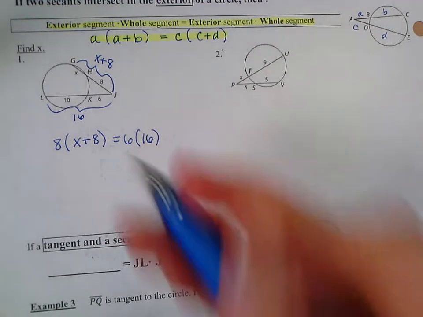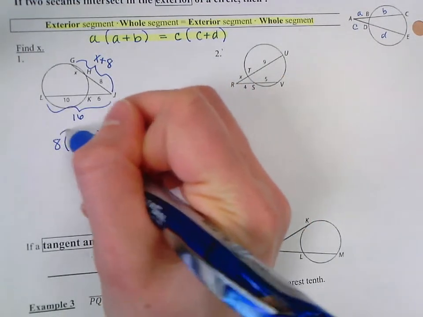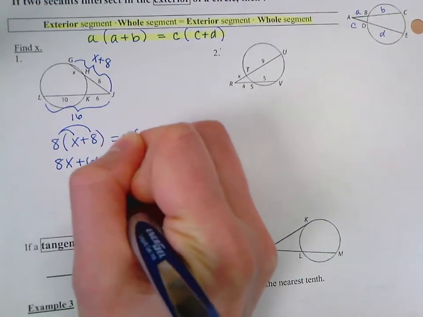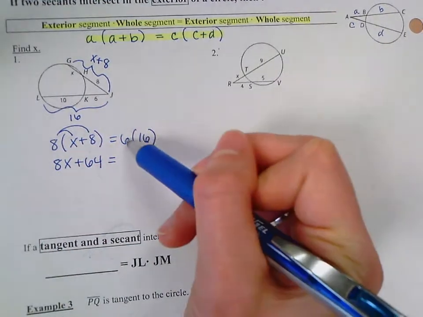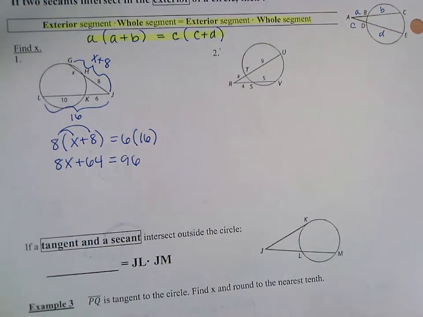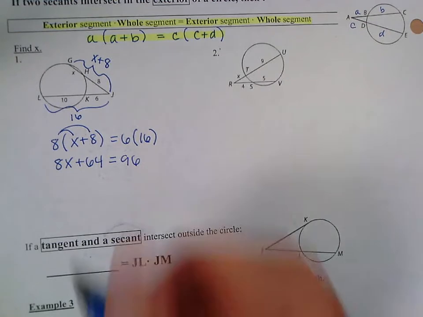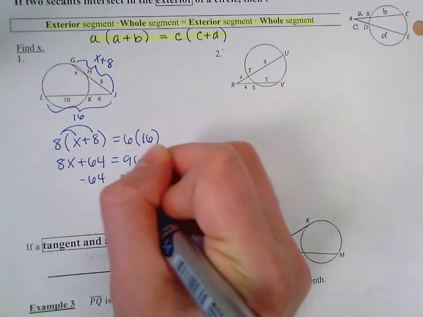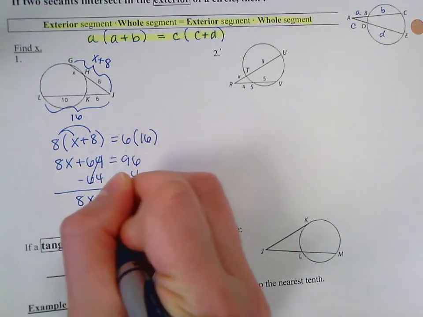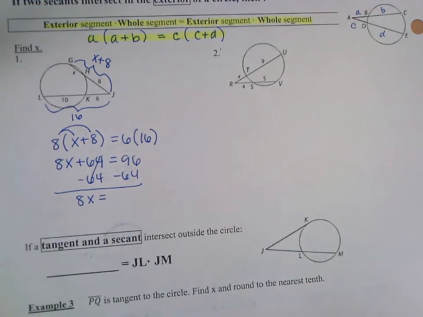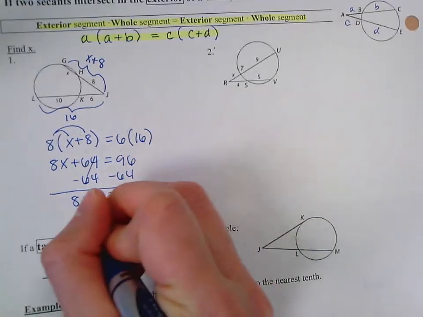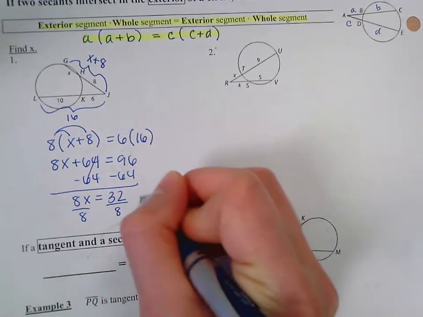So I would have to distribute the 8 on the left side. So 8x plus 64 would equal 6 times 16 is 96. And then solve for x. Subtract 64. So 8x is equal to 32. Divide by 8. And x is 4.